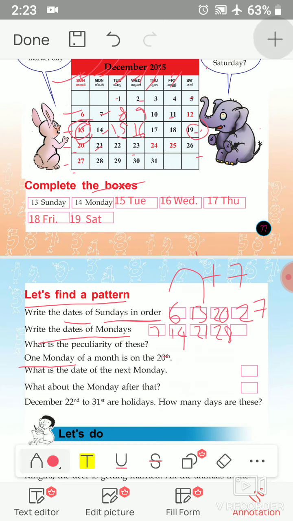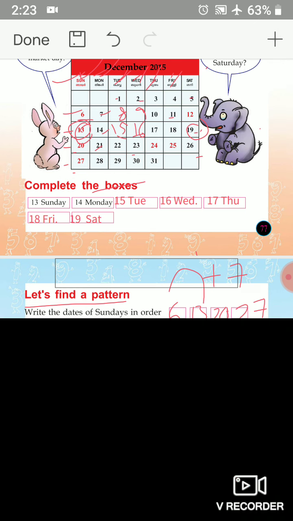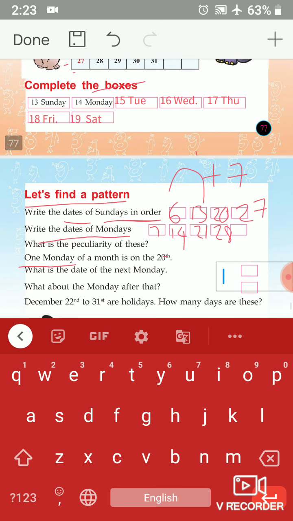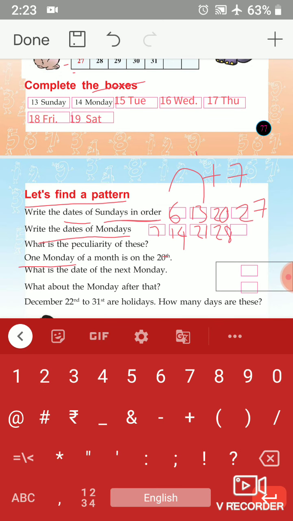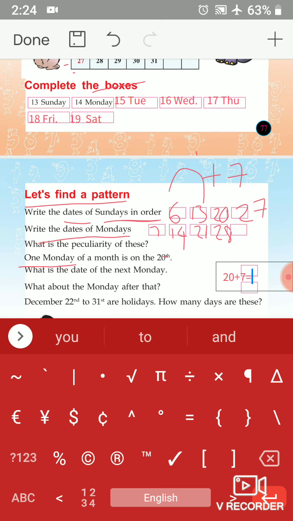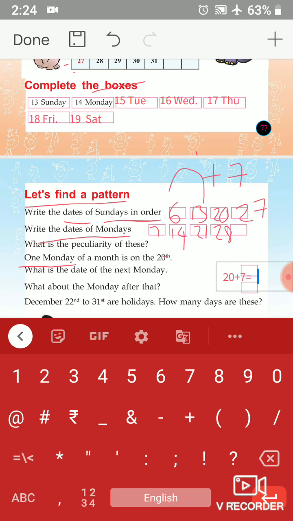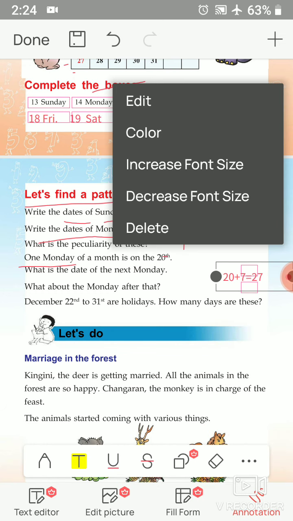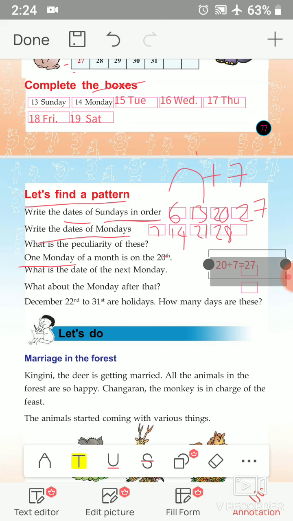Then write in that box 20 plus 7. 20 is the date of Monday. Then we have to find the next Monday. What will we do? 20 plus 7. That is 27. Yes. 27 is the date of the next Monday. Did you understand? Okay.